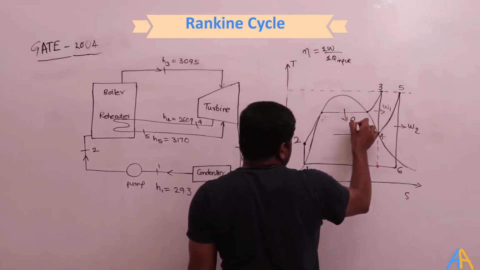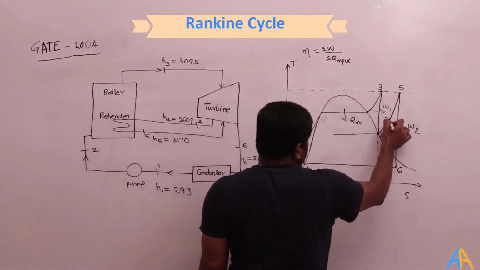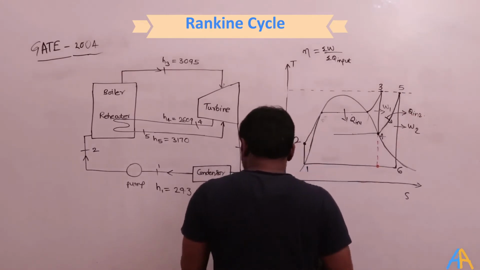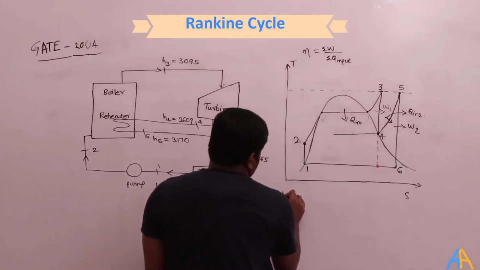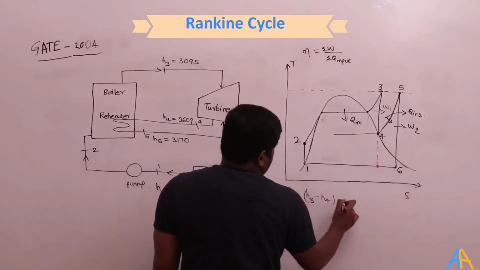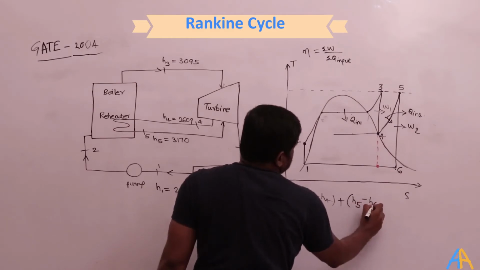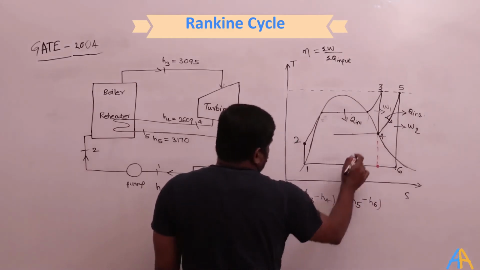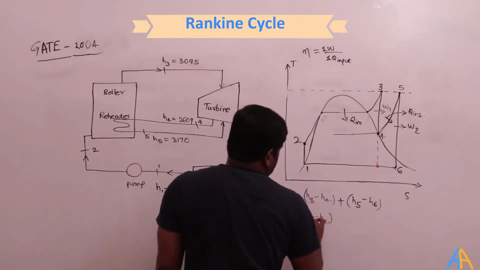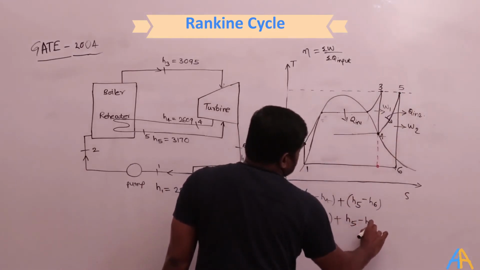This is the Q input 1 from 2 to 3, and from 3 to 4 again one more Q, so this is Q input 2. So the total W is H3 minus H4, plus H5 minus H6. And the Q input is H3 minus H2, plus H5 minus H4.